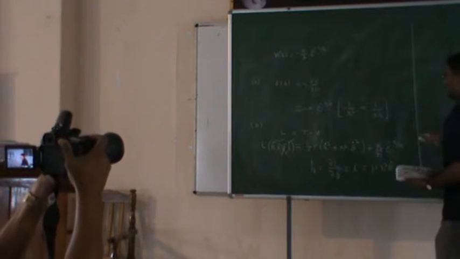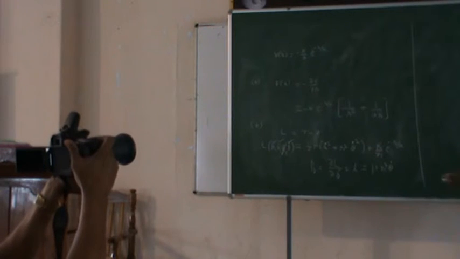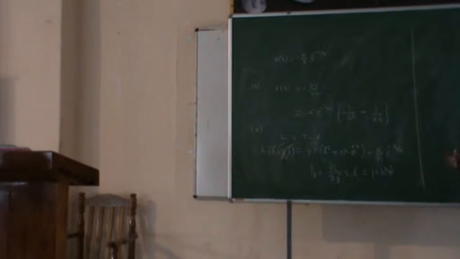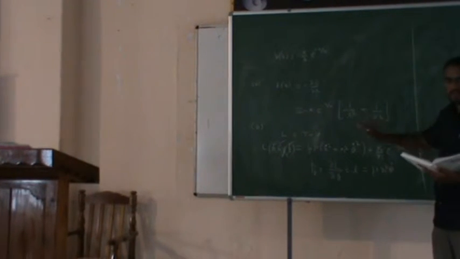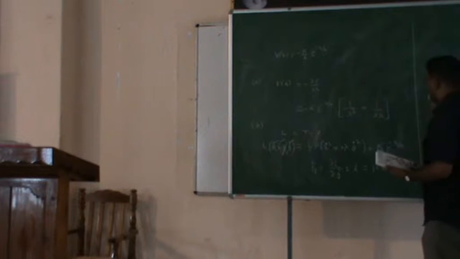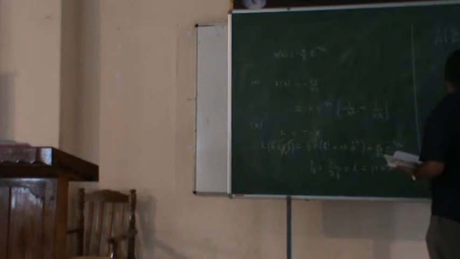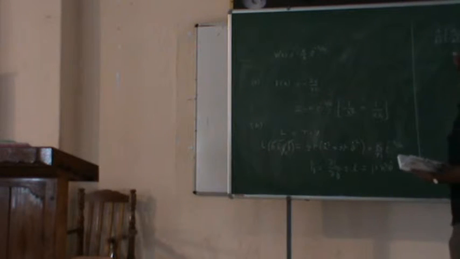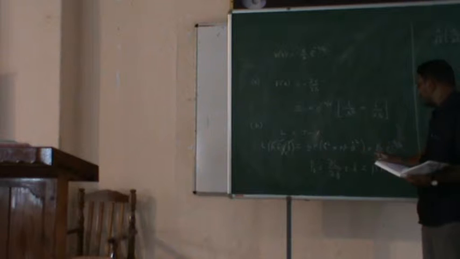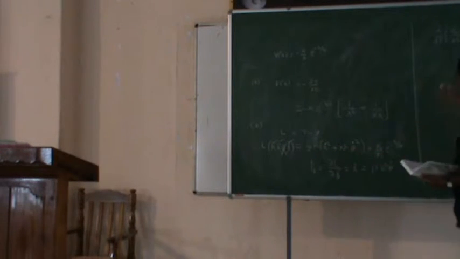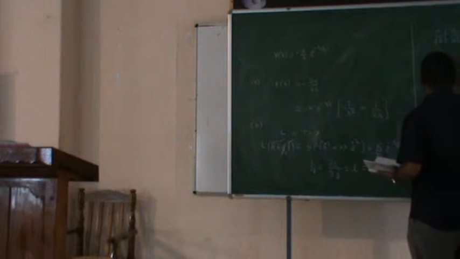Now what is the radial equation of motion for this Lagrangian? Since there are 2 degrees of freedom, for each degree of freedom we have an equation of motion. We are going to consider only the radial part, that is d/dt of ∂L/∂r dot minus ∂L/∂r is equal to 0. If you compute ∂L/∂r dot, you will get mu r dot. Taking the derivative with respect to time once again, mu r double dot.